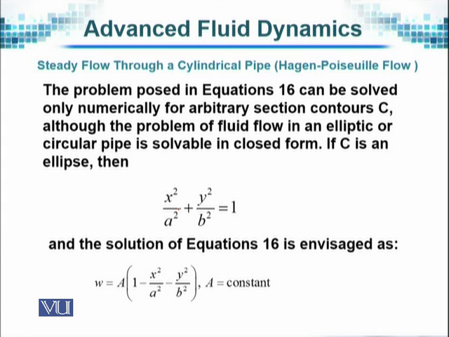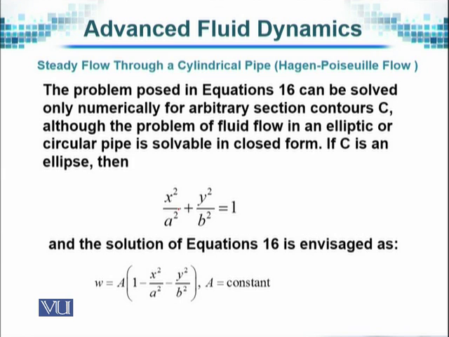And if we assume that C is an ellipse, of the elliptical type, then we know that the equation of an ellipse is x square over a square plus y square over b square is equal to 1.